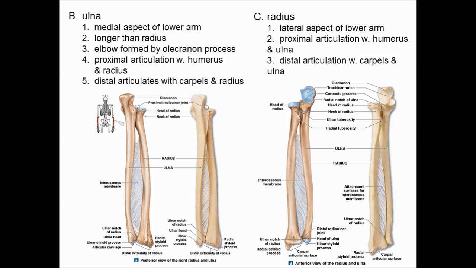Proximally, it articulates with the humerus and the ulna. And again, it's kind of got a rounded articulation site, so it can kind of turn, if you will, or bevel on the ulna. And it also articulates with the humerus, and distally articulates again with the carpals and the ulna.